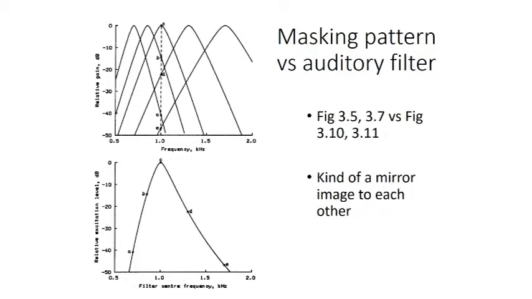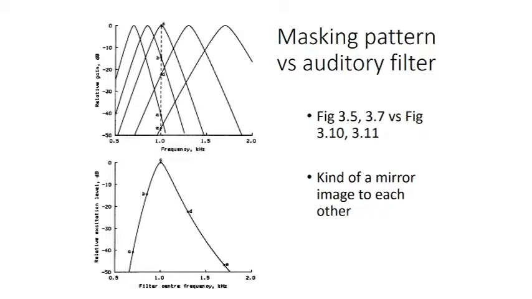It basically shows us how the basilar membrane makes excitation in response to an incoming sound, an incoming tone. As we see here, when a 1000 hertz tone is coming in, on the y-axis we have relative excitation level.